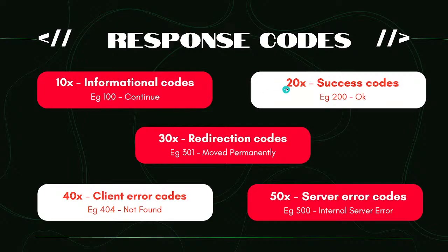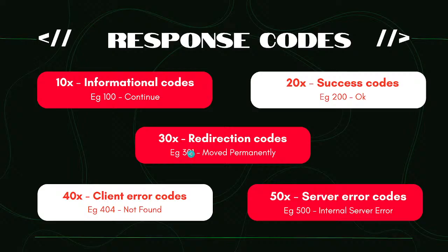Next comes the success codes, which start from 200 and go till 299, which tell you that your request has successfully gone to the server. So we got 200 OK in our request, which shows that our request has reached the server. Next we have the 3xx, which is 300 to 399, which represents the redirection codes.